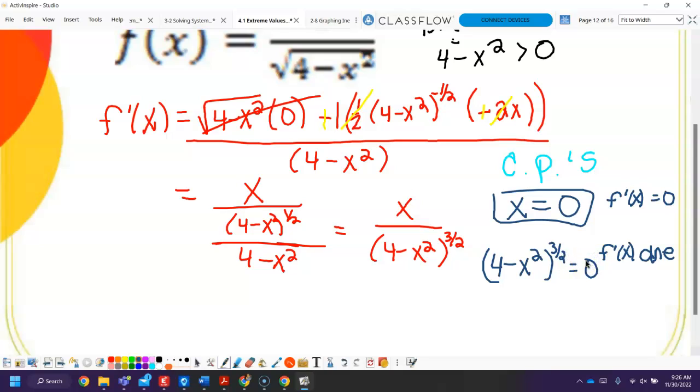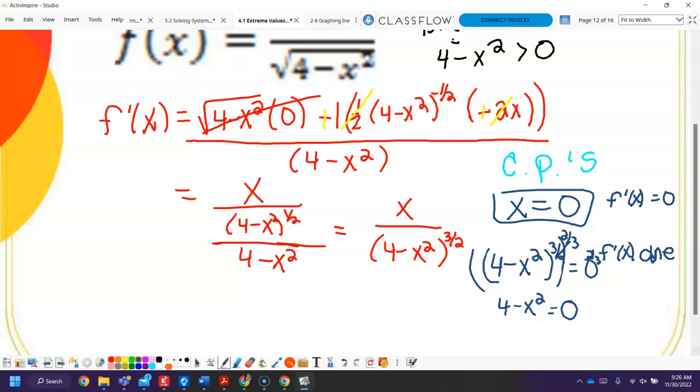If you want to get rid of the 3/2 power, you multiply by its reciprocal power, which is 2/3. So we take 0 to the 2/3, but 0 to the 2/3 power is still just 0.